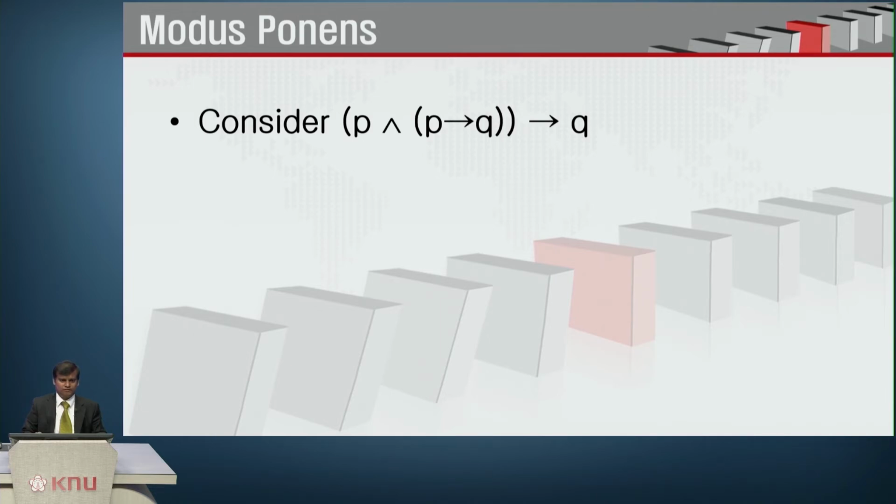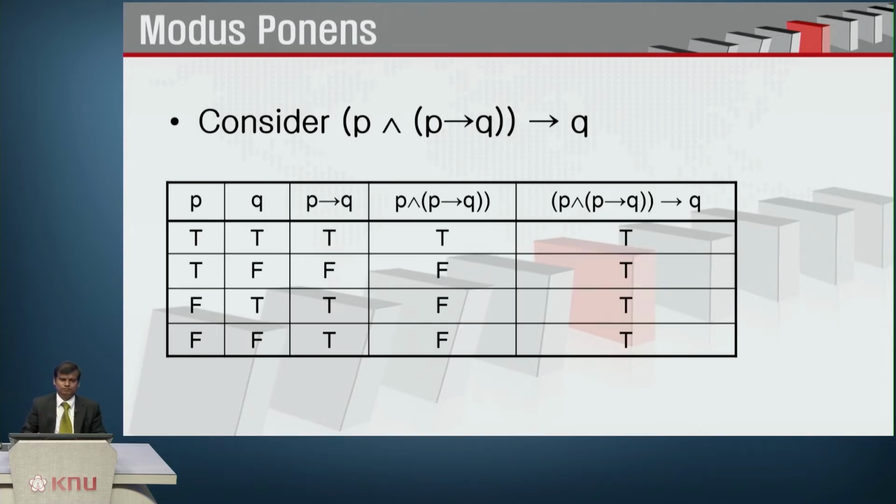So this is equivalent to P and P implies Q implies Q. Can you see there? The P implies Q is there, but the P has to be true. Only if P is true, then this whole part implies Q.